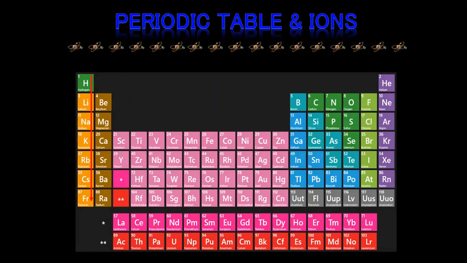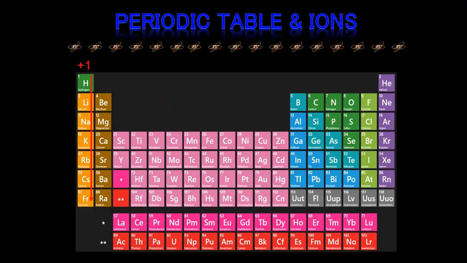When they lose that electron, they form a positive 1 charge. So group 1 elements form positively charged ions. From lithium to francium, they all have a positive 1 charge.